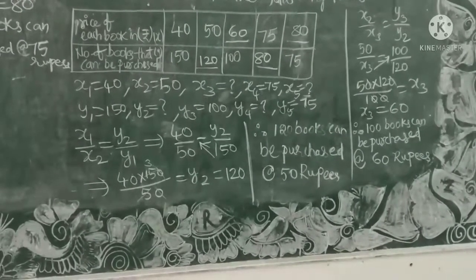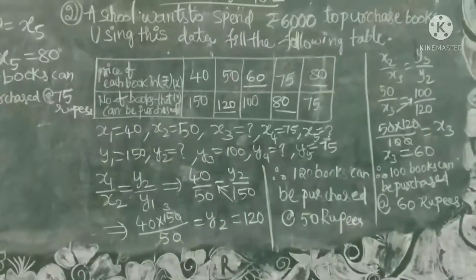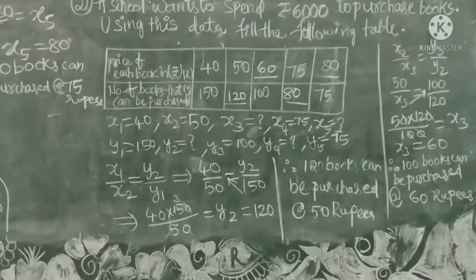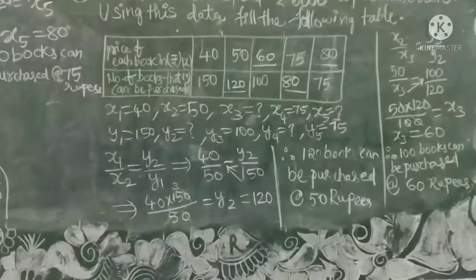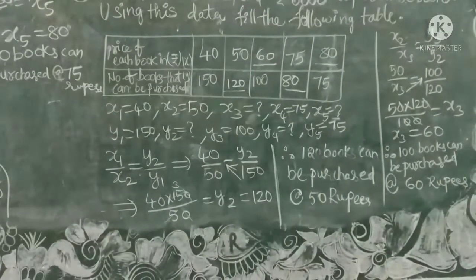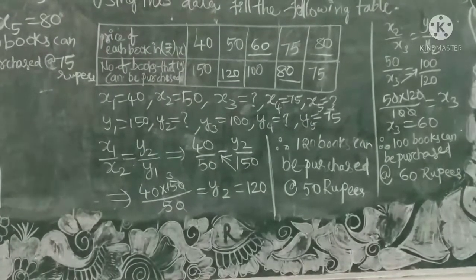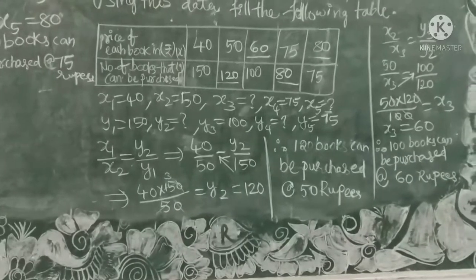Now, using the inverse proportion condition, x1 by x2 is equal to y2 by y1. That is 40 by 50 is equal to y2 by 150. By calculation, 150 divided by 50 is 3, and 40 times 3 is 120. Therefore, 120 books can be purchased at the cost of 50 rupees.